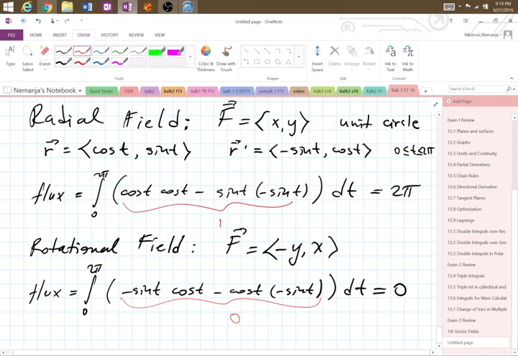So now you see that the rotational fields have a 0 flux and the radial field has a maximum. So basically you plug in the r and r prime. Yes, it's the same spiel because you are doing the cross product between two values.